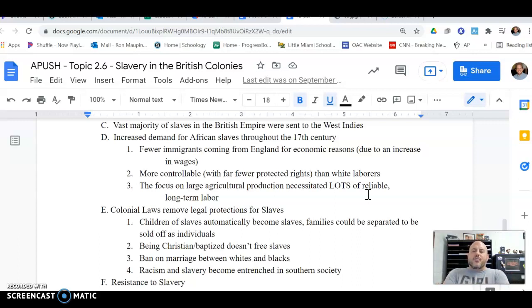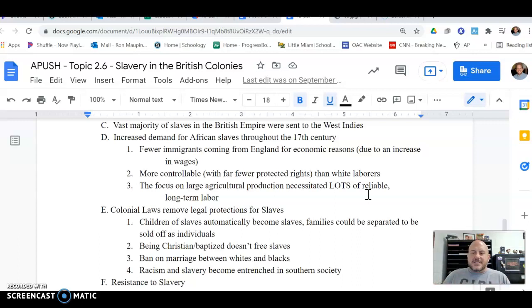But as race becomes applied to servitude, those rights then start to get stripped to a point where slaves are just pure property, as if we're talking about livestock or furniture or something like that.